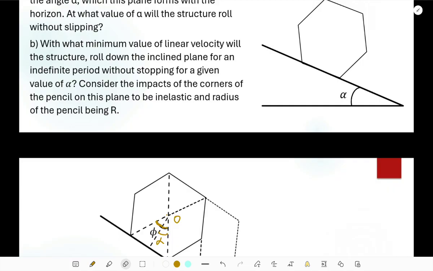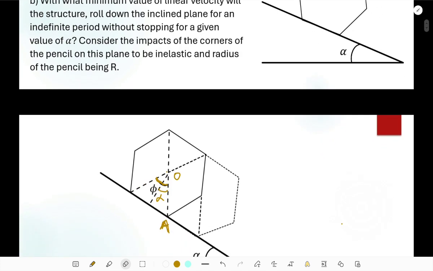So this is ready to roll, and we have to take impacts with the corner as inelastic, and the radius of the pencil, that should be something like this or this, is equal to r in our case.